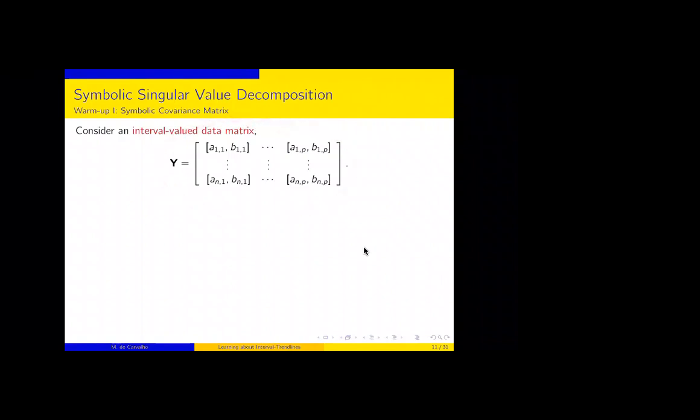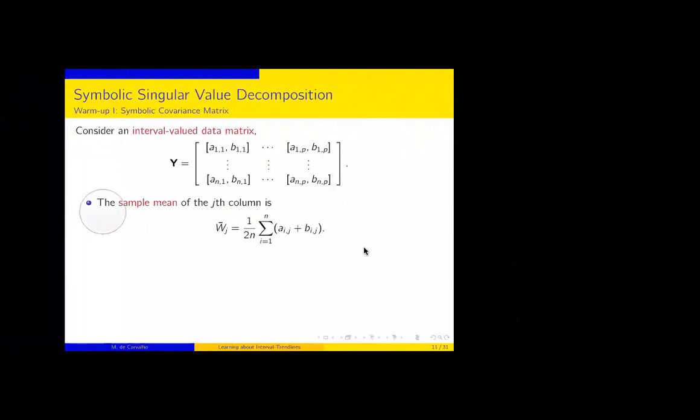You just have a matrix whose entries are actually intervals. There are P columns, and each of these entries is just an interval. We could make this more complicated, and rather than having just intervals on the real line, we could even have more complicated objects. Let's just leave it there.